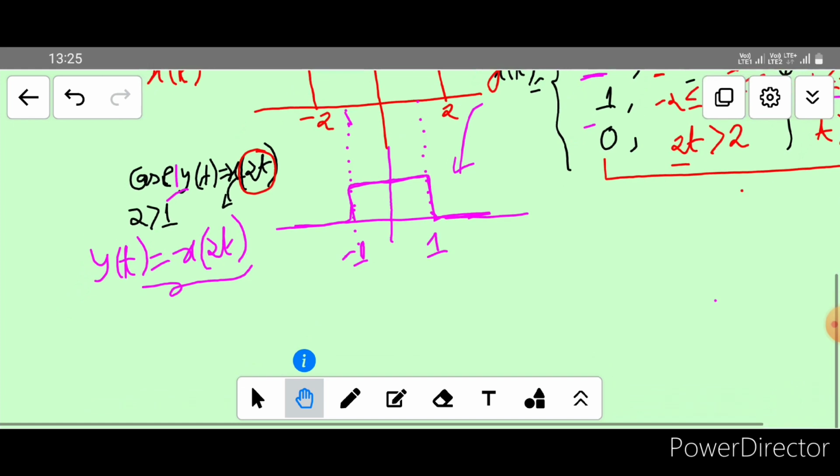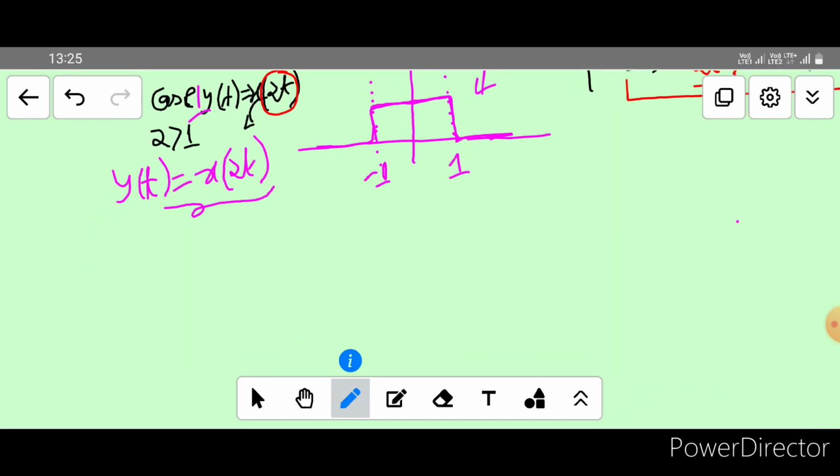Now let's take case number 2, when y(t) is equal to x of t by 2.